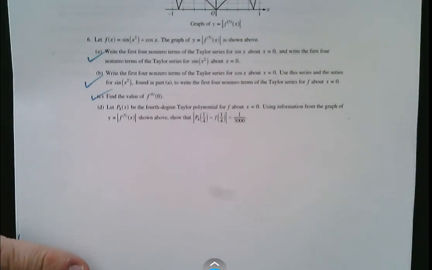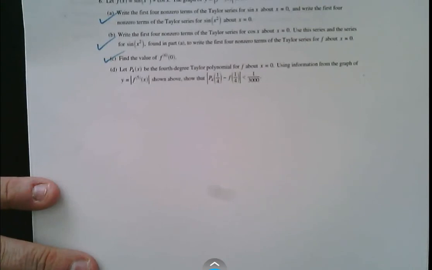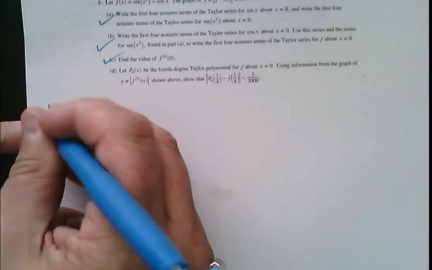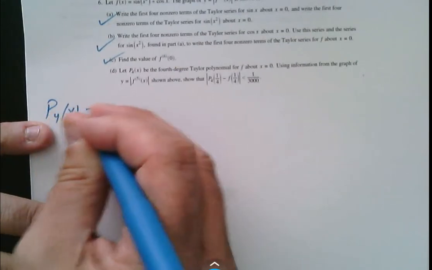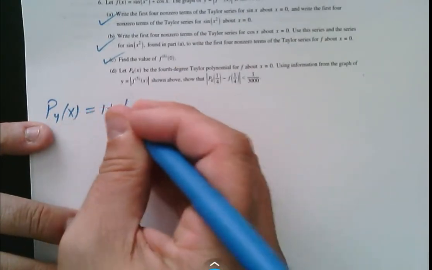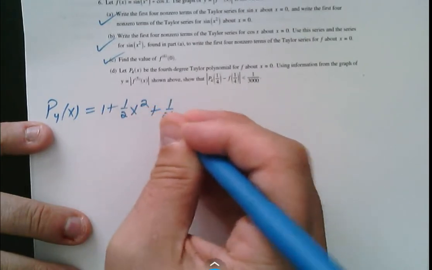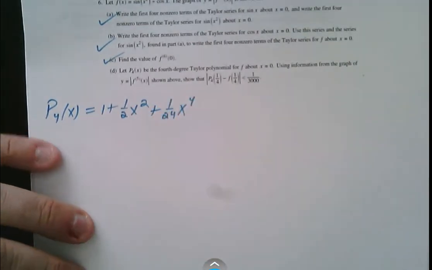Now, the piece that you need, and I'm just going to give this to you so we can further the conversation, is the degree 4 Taylor polynomial you were asked to find earlier. The degree 4 Taylor polynomial is 1 plus 1/2 x squared plus 1/24 x to the 4th.